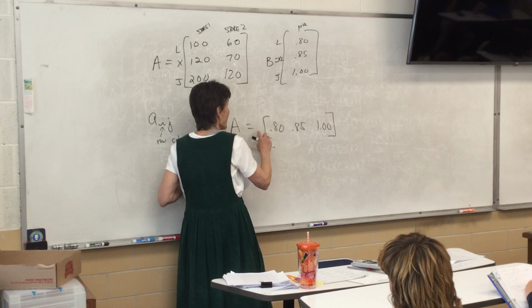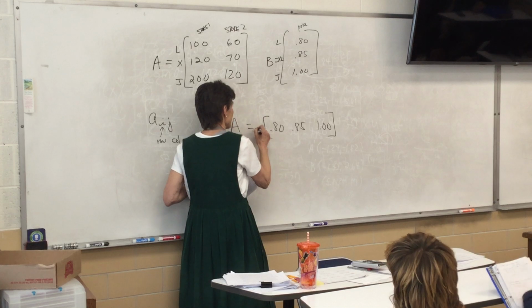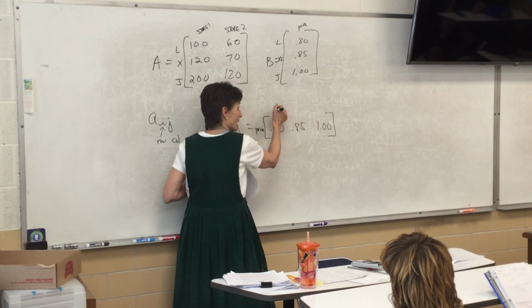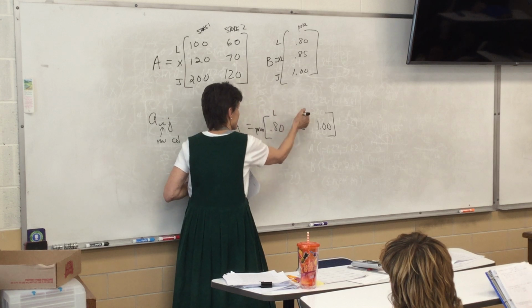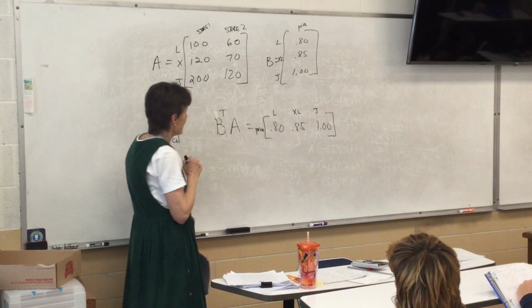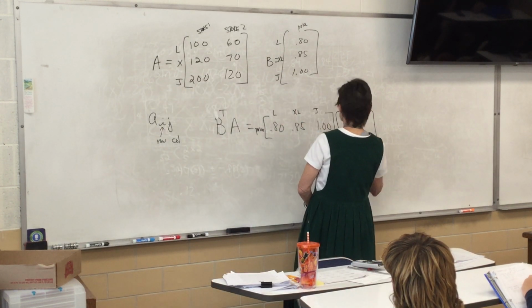All right, so now when I switch it on its side, the row gives me the prices and the columns give me the types of eggs. So this is large, extra large, and jumbo now on the columns. And I'm going to multiply that times matrix A, which I'm not changing.